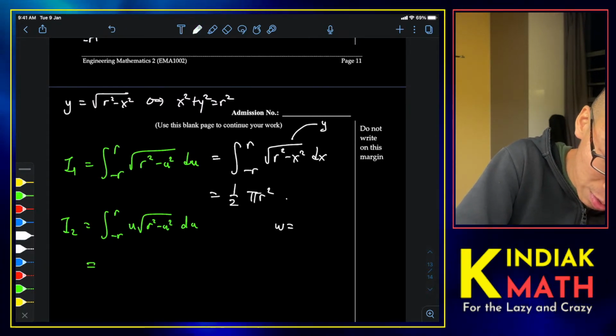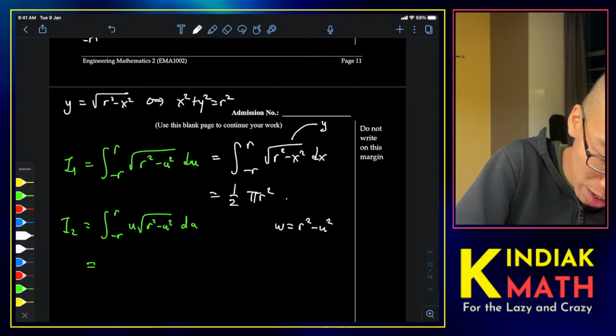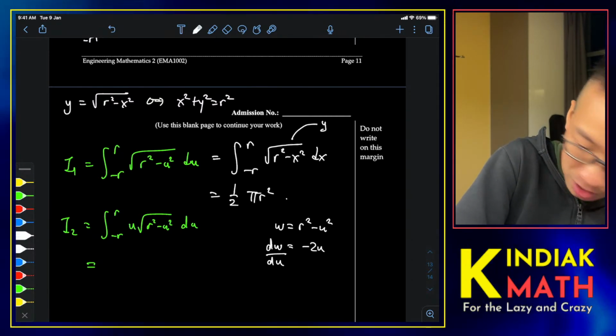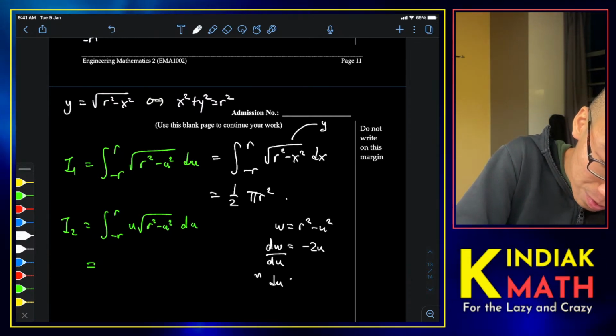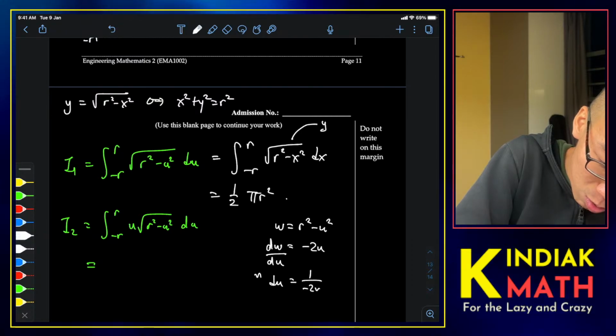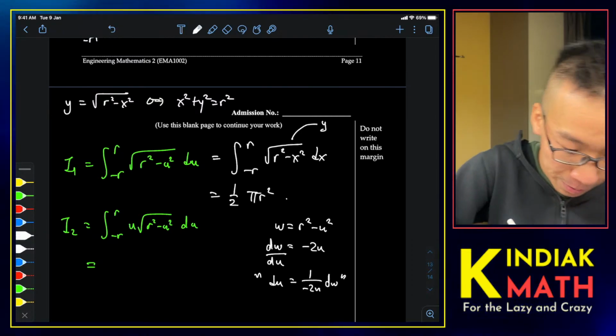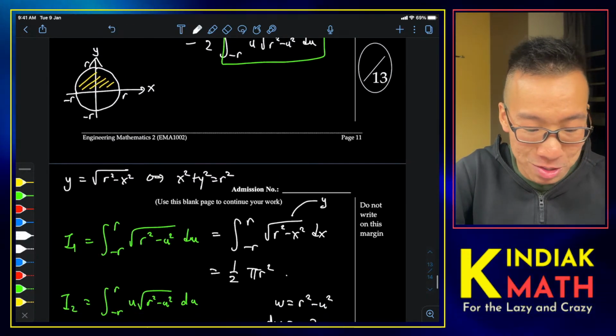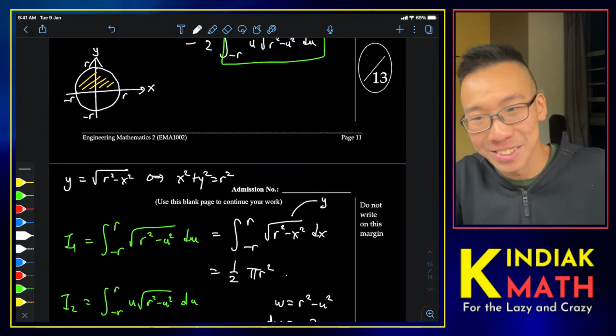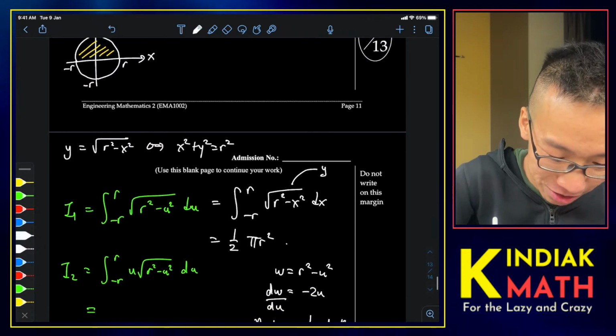Let's use w equals r squared minus u squared. Then dw equals minus 2u du, and so du equals 1 over minus 2u dw. It's cool, right? This integral looks crazy, but it turns out to just be a circle, and the answer is pretty chill.